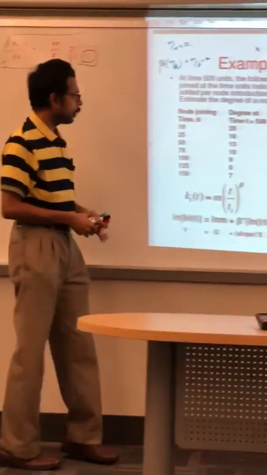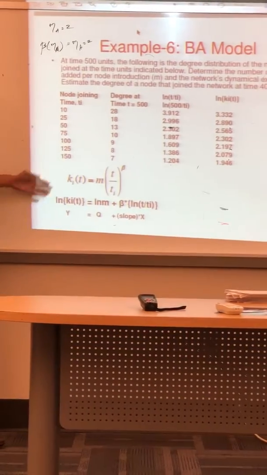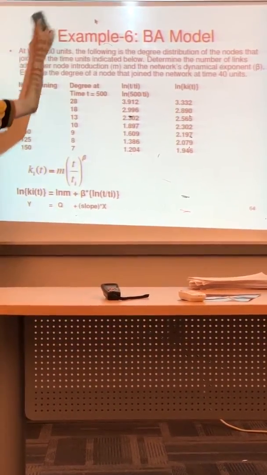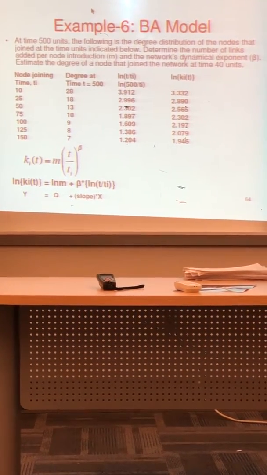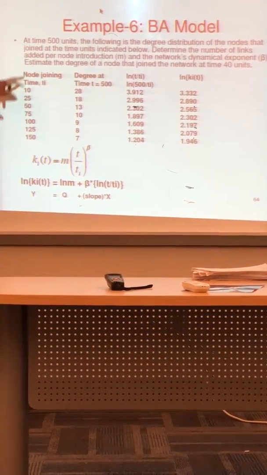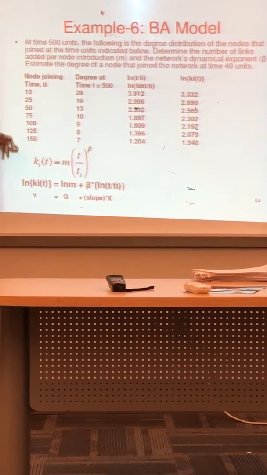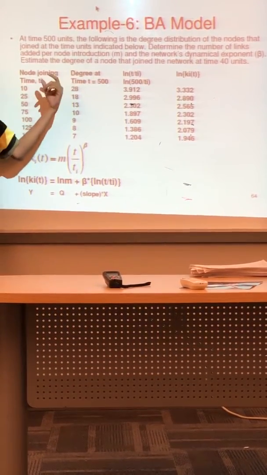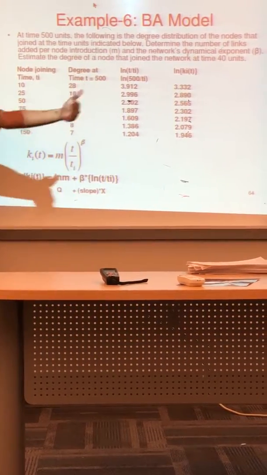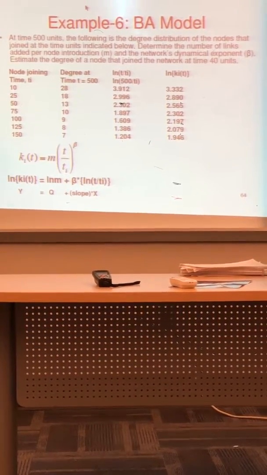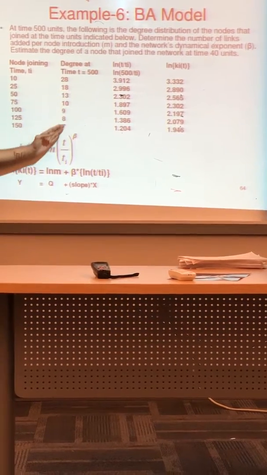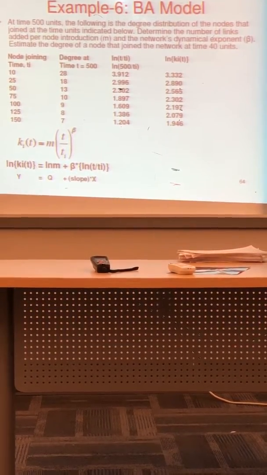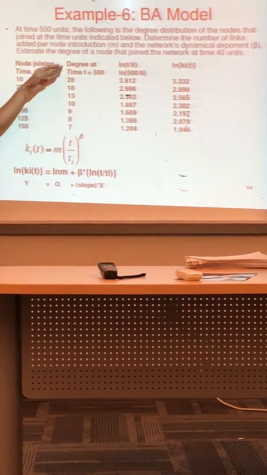So nodes join the network at these different time instants, and you're measuring their degree at some future time 500 units. At time 500, this is the degree of these different nodes.